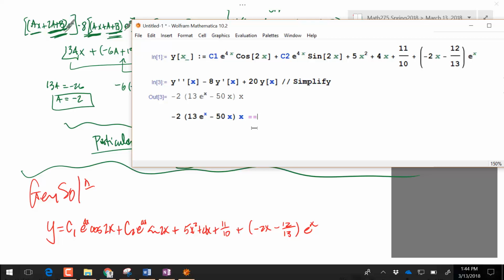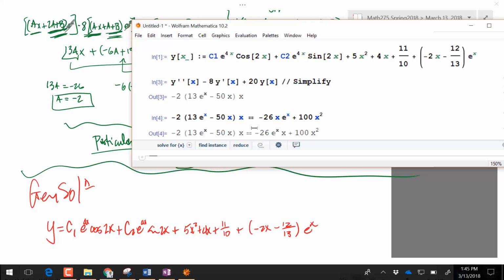This is kind of silly. Negative 26 times x times e to the x, plus... oh, it doesn't say if it's true or not.